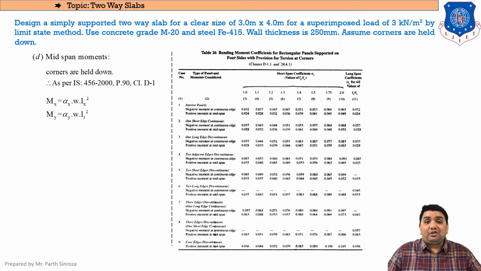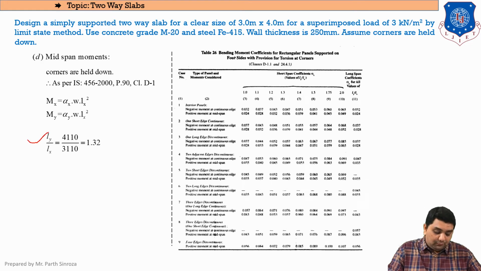So the aspect ratio will be considered in this case. Clear? So now keep in mind how to solve this problem. Again keep in mind, the aspect ratio is not for the clear span, we will calculate it for the effective spans. Clear? So this is to be understood.